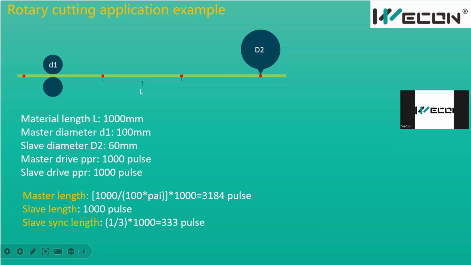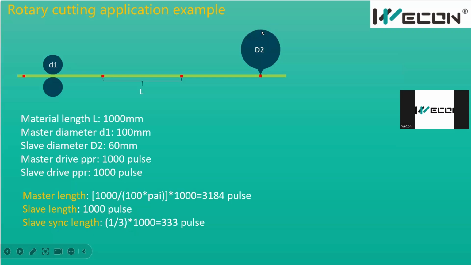Okay, and the slave length is the PPR of our driver. For example, if you have a two ratio reducer and your PPR is 1,000 pulses, then this slave length should be 2,000 pulses, because you have a two ratio reducer.